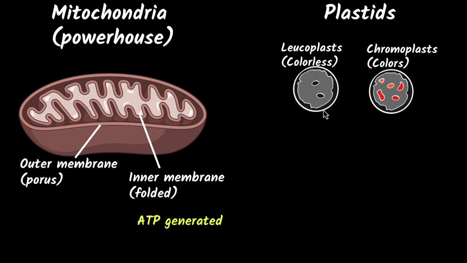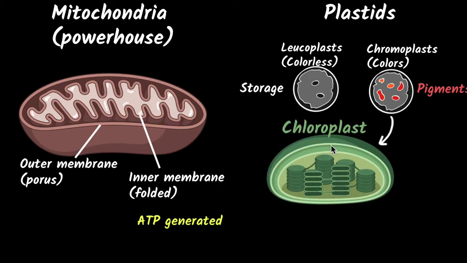Now, leucoplasts are mainly used for storage of fats, proteins, lipids, basically storage of nutrients. Chromoplasts, on the other hand, have as their main job to give colors, so they are responsible for producing a lot of colorful pigments. Now, one specific kind of chromoplast, which you might be familiar with, is the chloroplast.